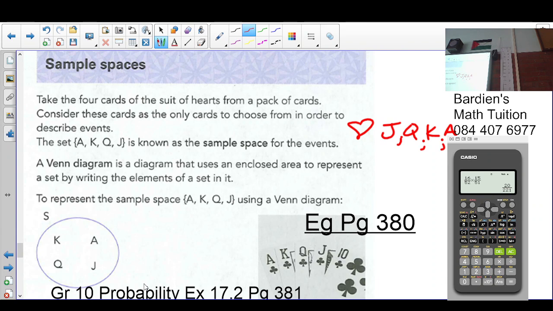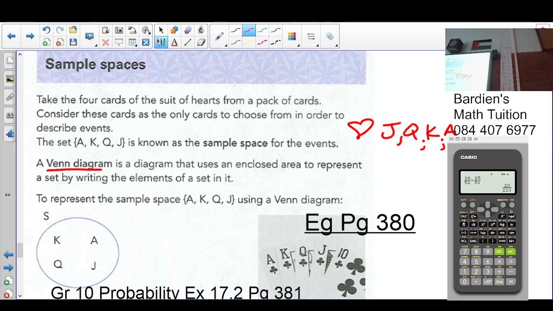Consider these cards as the only cards to choose from in order to describe events. The set Ace, King, Queen, Jack is known as the sample space for the event. A Venn diagram: have we done Venn diagrams before? Slow. Okay, so that's why we need to move a bit slower now.